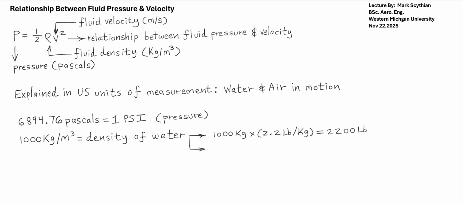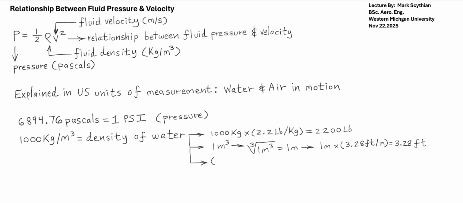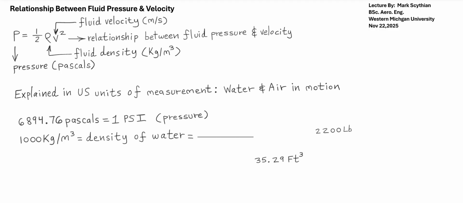We can convert this to its pounds per cubic foot density value. You can either use a table or a Google calculator or just manually convert it mathematically. So we get 35.29 cubic feet to a cubic meter.